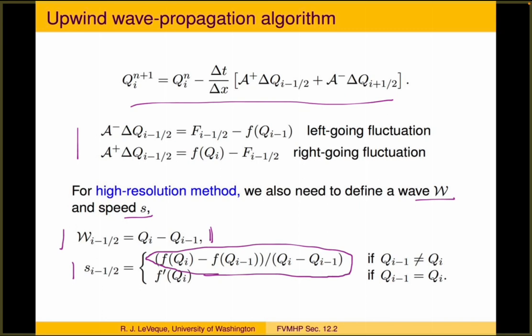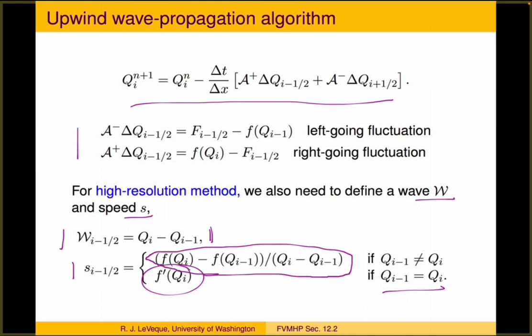The jump in F divided by the jump in Q is the speed at which the discontinuity between cells I minus 1 and I would move, assuming it's a shock wave. In the special case where Qi minus 1 equals Qi, that denominator would vanish, and so in that case you could say that we should really look at the limiting case of the Rankine-Hugoniot speed, which is the characteristic speed as Qi minus 1 approaches Qi.